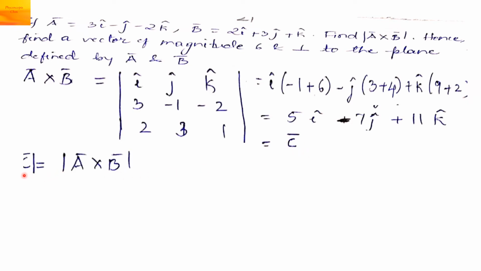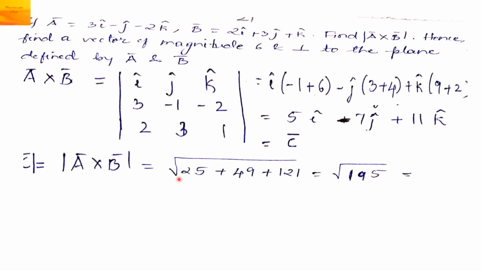So we can find the mod of C bar, which is mod of A bar cross B bar, that is square root of 5 square plus minus 7 square plus 11 square, that is square root of 25 plus 49 plus 121, that is equal to square root of 195, approximately equal to 14.